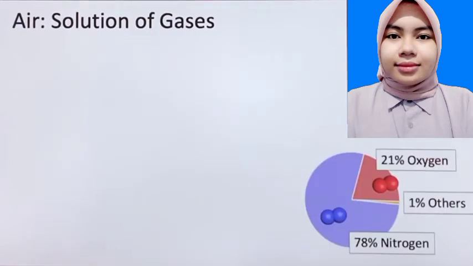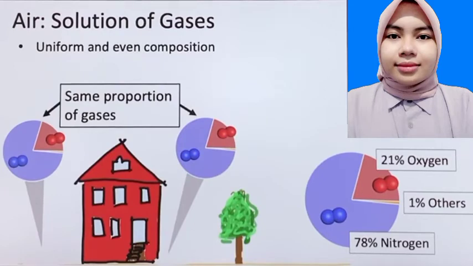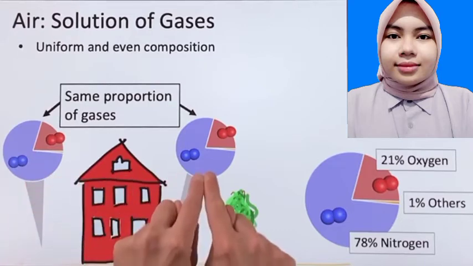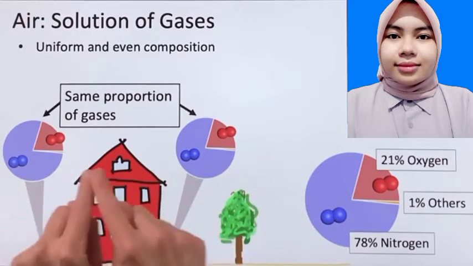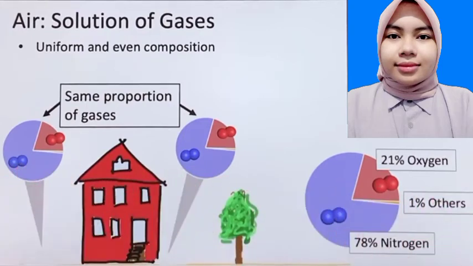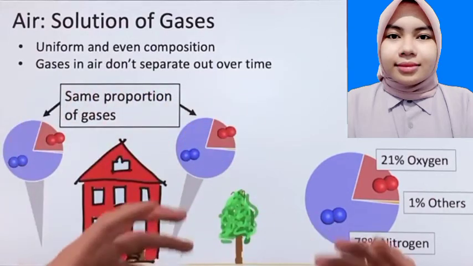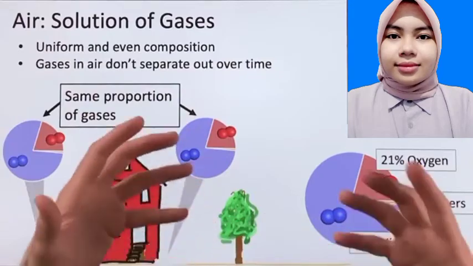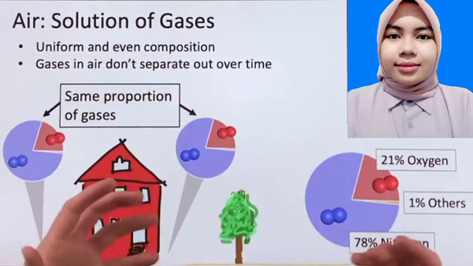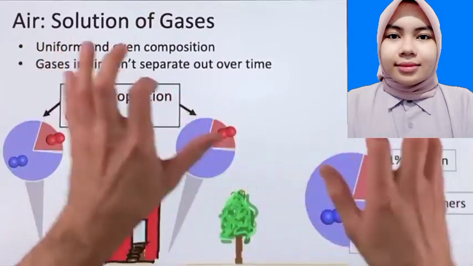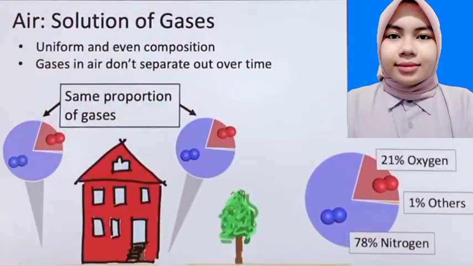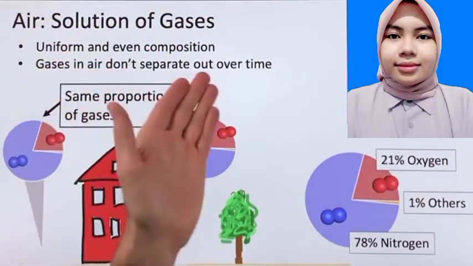Now, how can we tell that air is a solution? Well, if you look at a sample of the air at one place, it's right here, and then compare it with a sample taken close by over here, your two samples would have a uniform composition. They contain the same proportion of gases evenly distributed throughout each other, and the gases in air don't separate out over time.